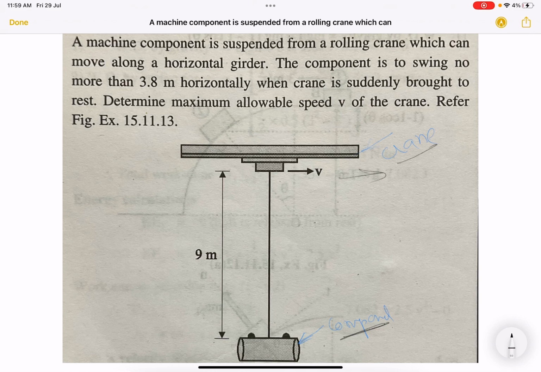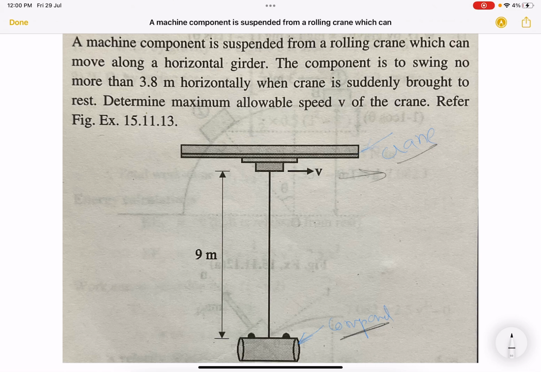So the component will swing. When the crane is brought to rest, the component will travel ahead, reach a certain point, and then come back. It will be like a pendulum, right?